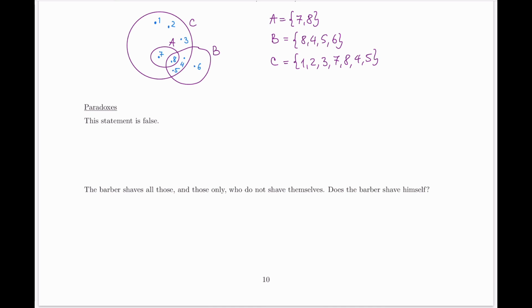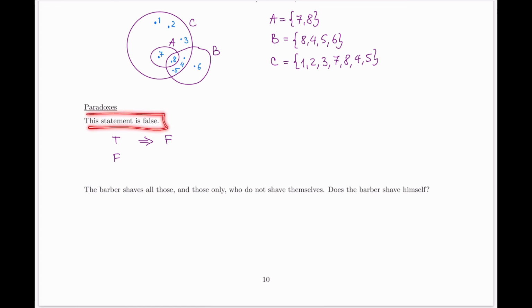Remember that if this is indeed a proposition, then it should have one of the two truth values. It's either true or it's false. If I suppose that this statement is true, then reading it, this statement is false, implies that this statement is in fact false.